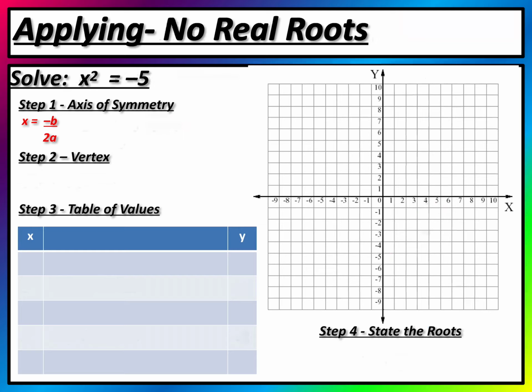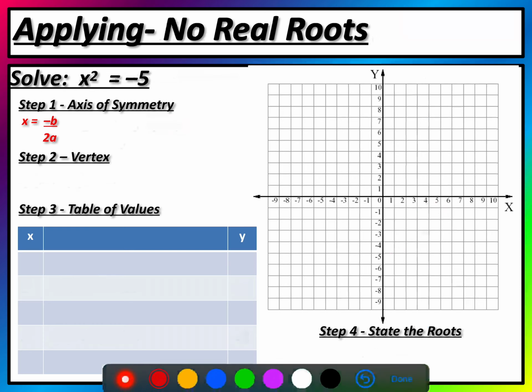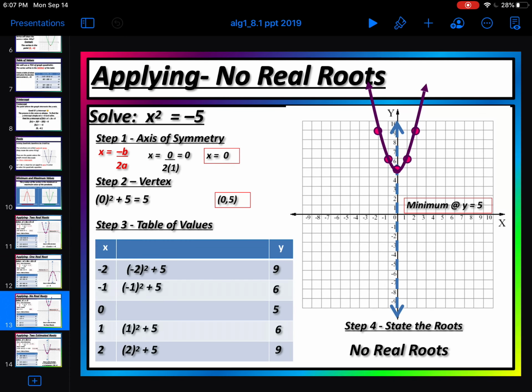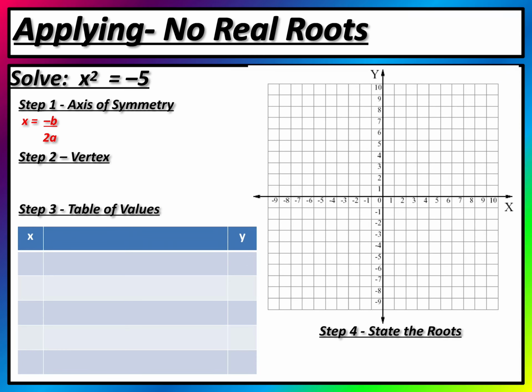All of my terms have to be on the same side, which means I need to add 5 to the other side of the equation. So I'm actually using x squared plus 5 equals 0.